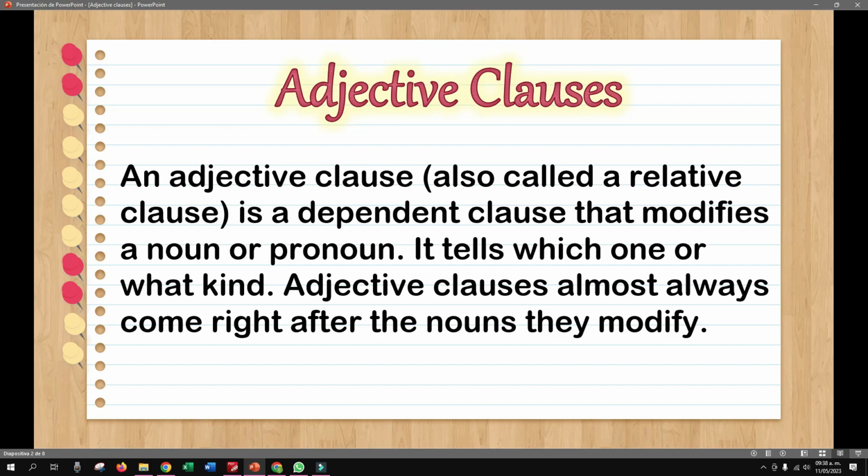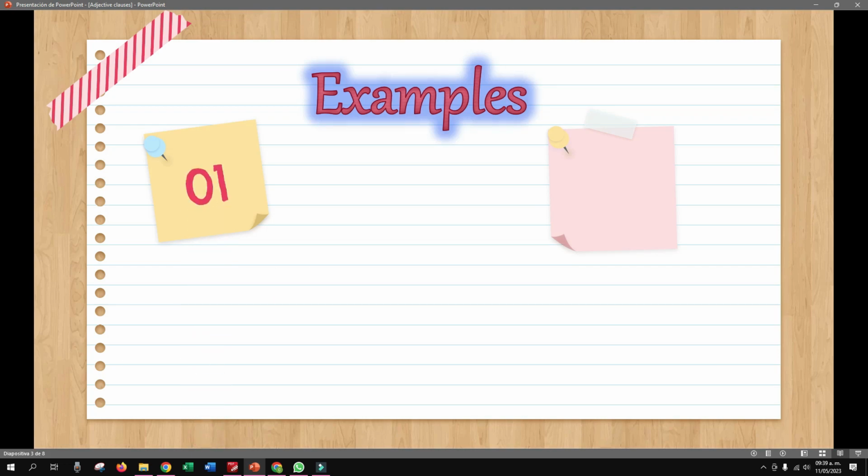Adjective clauses almost always come right after the nouns they modify. So an adjective clause is a dependent clause that acts just like an adjective in the sentence, and you can also add information about the subject of the sentence. Here you have some examples.